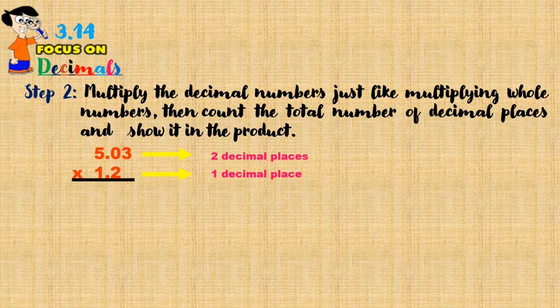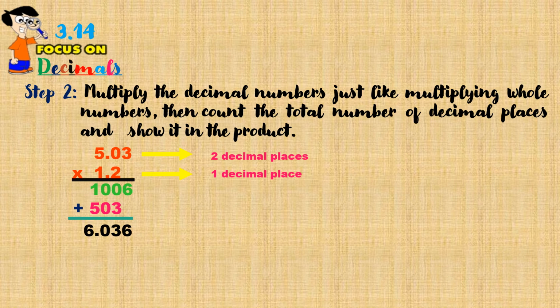2 multiplied by 3 is 6. 2 times 0 is 0 and 2 times 5 is 10. 1 times 3 is 3. 1 times 0 is 0 and 1 times 5 is 5. Then, let us add.